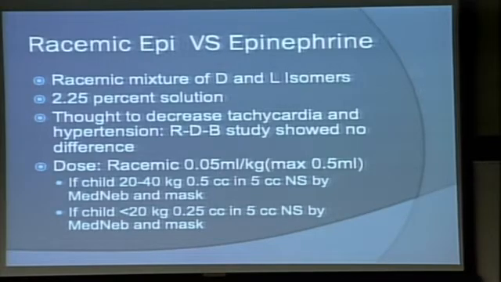Well, it turns out studies showed no difference, which is probably one of the reasons why racemic is not available any place except places where we're willing to spend a lot of money for the product, because racemic is much more expensive than standard run-of-the-mill epinephrine. Well, because we have it and we use it, and it is sort of the gold standard in this country for racemic epinephrine.